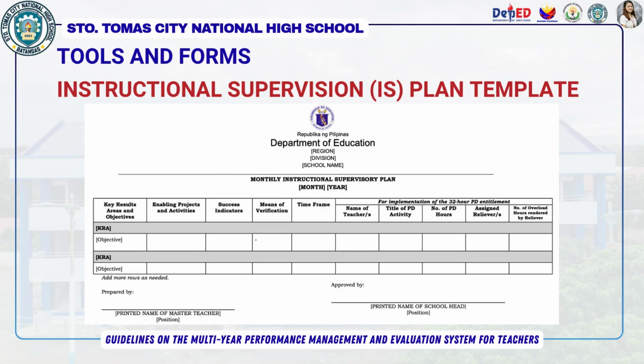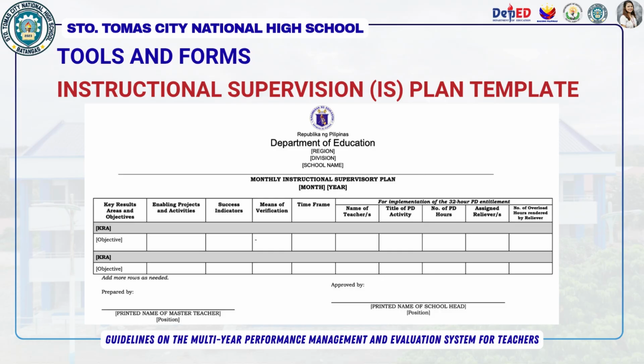Instructional Supervision Plan. This form is the school's proactive roadmap for coaching and development. It is completed by the master teacher and school head. It aligns key results areas and objectives from your performance commitment to specific enabling projects and activities such as coaching or learning action cell sessions.